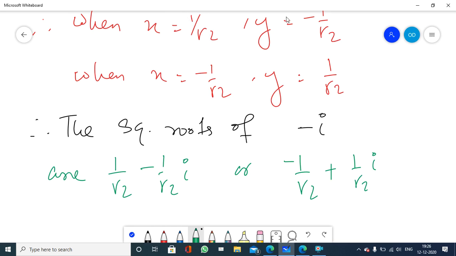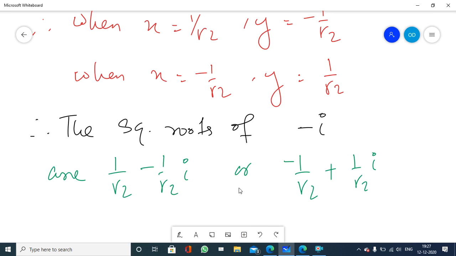When x is equal to 1 by root 2, then y is equal to minus 1 by root 2. I proved it. So one of the square roots of minus i is 1 by root 2 minus 1 by root 2 i. And what will be the other square root? Minus 1 by root 2 plus 1 by root 2 i. Everybody got it?